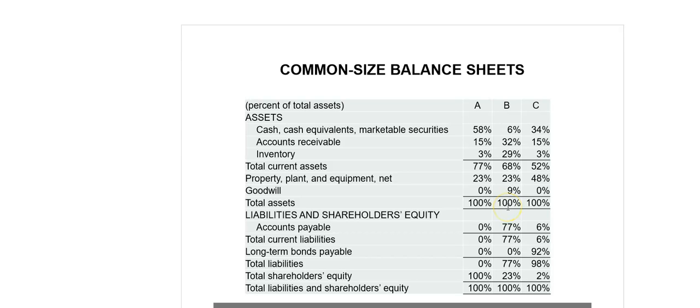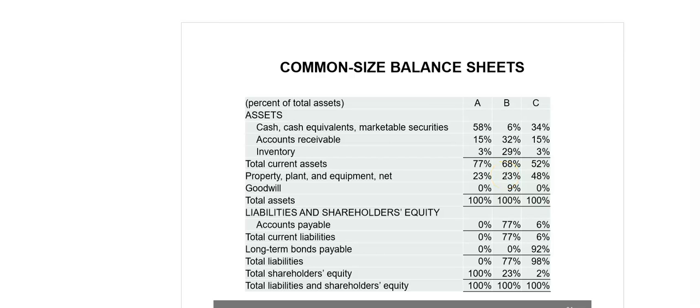Therefore, company A has more liquidity and is in a better position. However, company B will struggle to pay its total current liabilities. It has current assets that are 68% of assets, while its current liabilities are 77% of assets. Therefore, it has insufficient current assets to pay off its current liabilities.